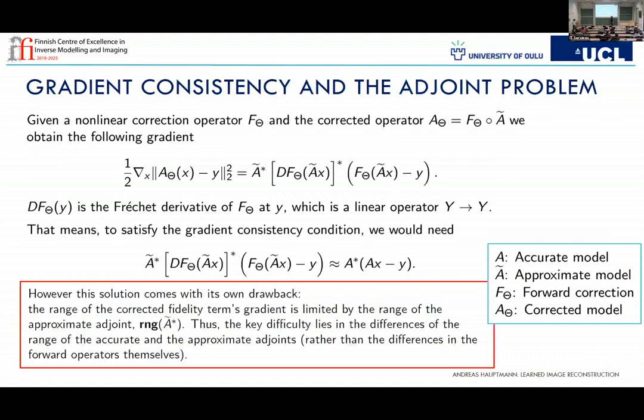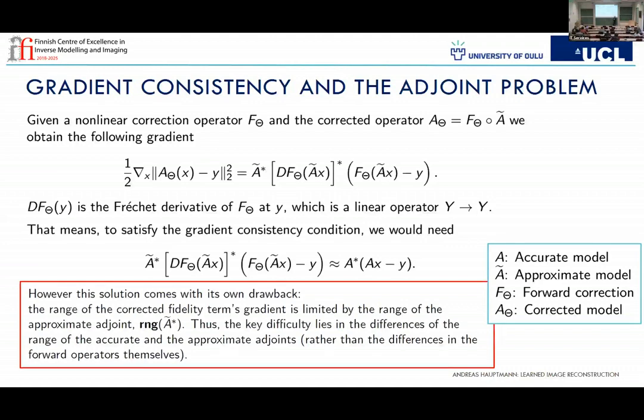If we only have everything on F, that was the problem: if we compute out the gradient, we end up with the adjoint at the end. So the whole mapping is limited by the range of our adjoint. That was the problem we ended up with. Maybe I'm misunderstanding the question. You'd have to use a zeroth order method, then you wouldn't need the gradient. That would be an option, yes.